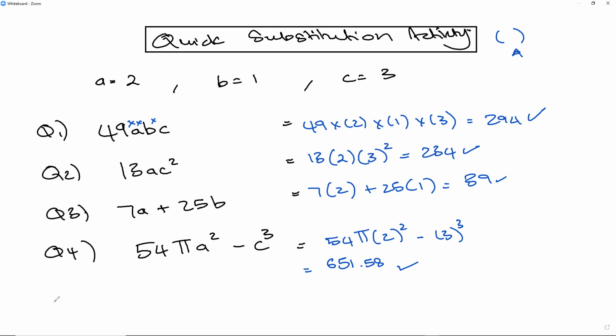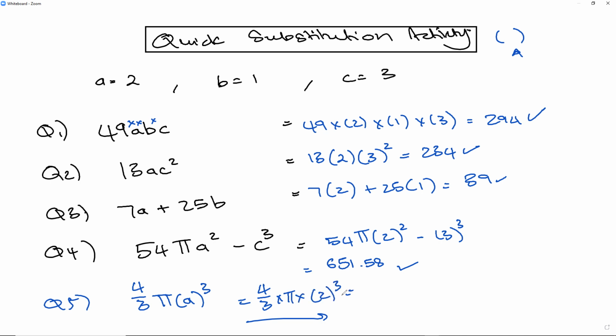Now, let's say I've got question 5, and question 5 says 4 over 3 pi a cubed. All right, get me the answer for that. Cool. So this one here, we're saying that we're going to have 4 over 3 times pi times a, which is 2 to the power of 3. Now, 2 to the power of 3 is 8.